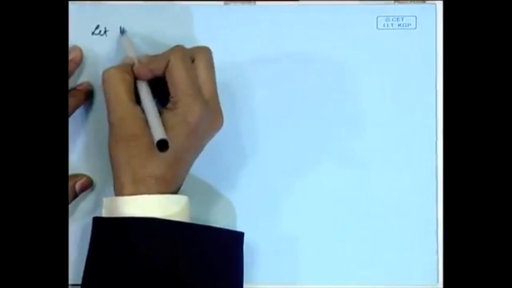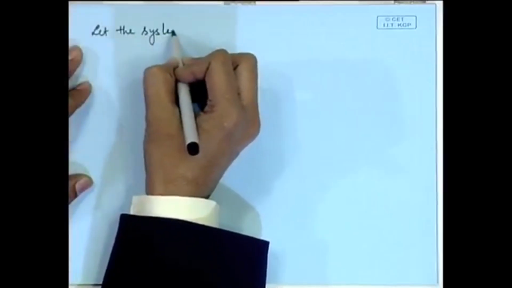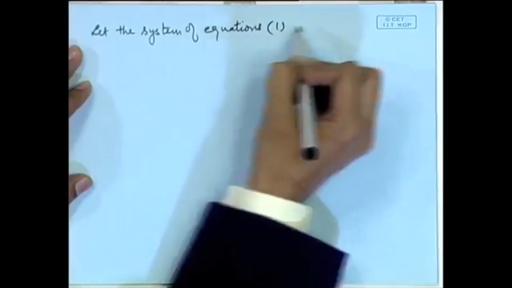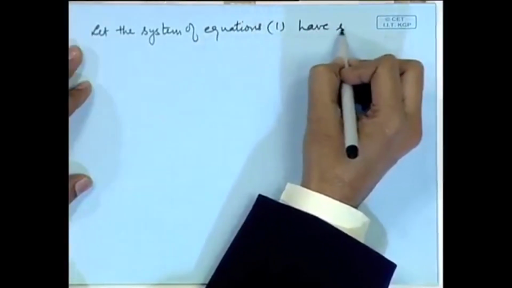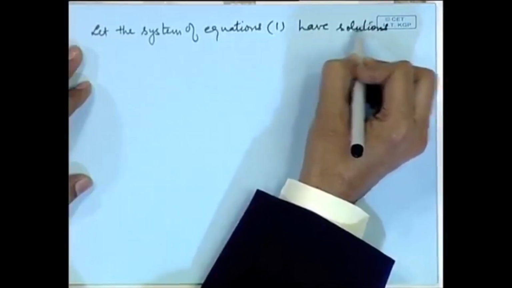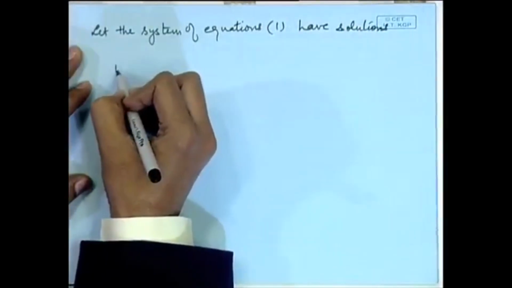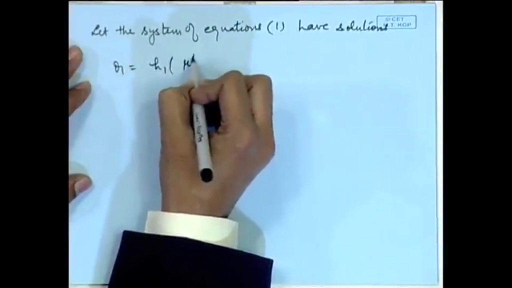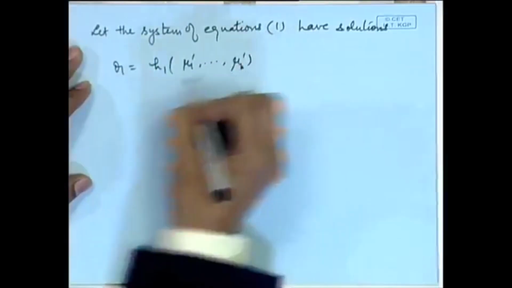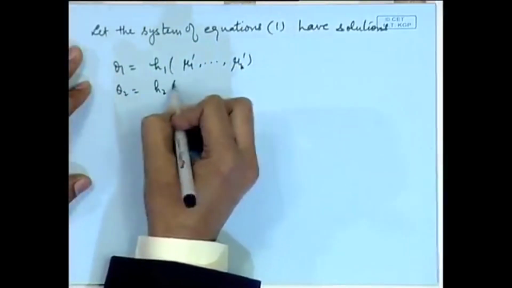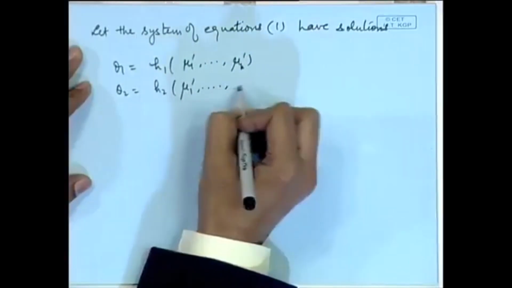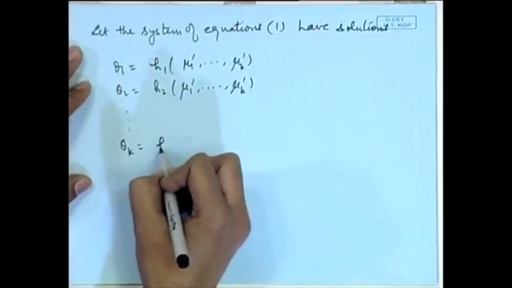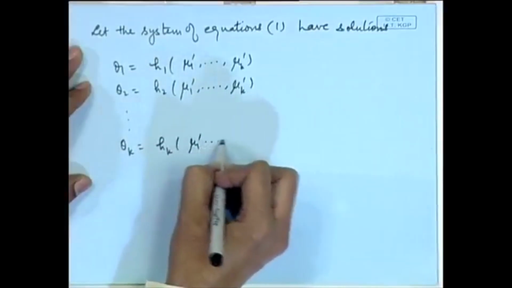Let the system of equations 1 have solutions. Say theta_1 is some function h_1 of mu_1 prime, mu_2 prime, ..., mu_k prime. Theta_2 is some function h_2 of mu_1 prime, mu_2 prime, ..., mu_k prime. Theta_k is equal to some function h_k of mu_1 prime, mu_2 prime, ..., mu_k prime.